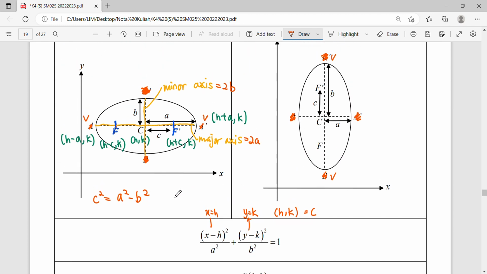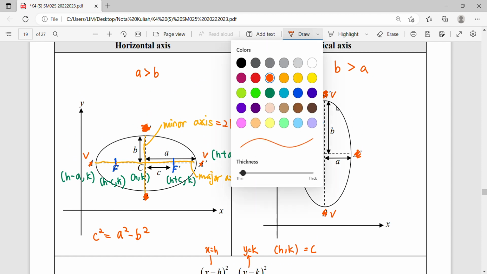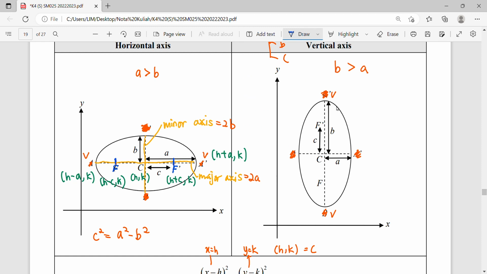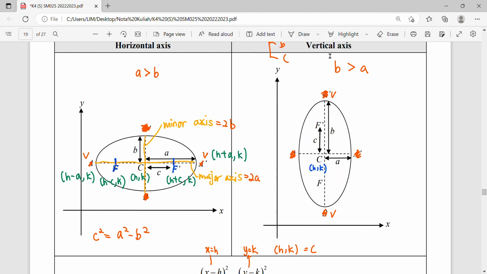So we look at our vertical ellipse. So we repeat here. Center, it will be hk. So when you want to find your vertices, you are going up and going down. So for vertical ellipse, major axis happens vertically. This is our major axis.